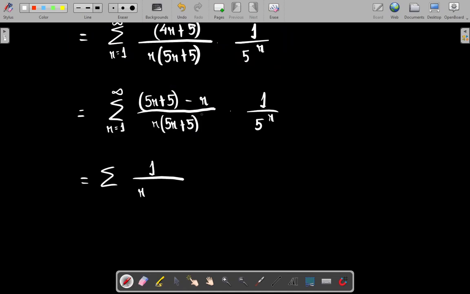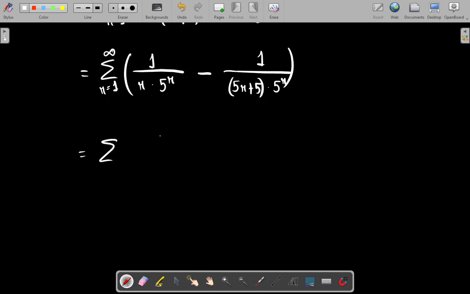So the first term now becomes, 5r plus 5 will get cancelled out, so this is 1 upon r times 5 to the power r, minus 1 upon 5r plus 5 times 5 to the power r, as the sum goes from 1 to infinity.